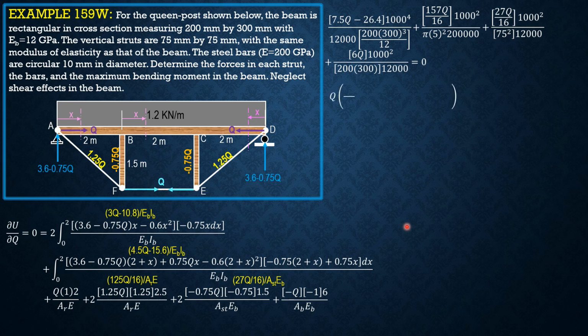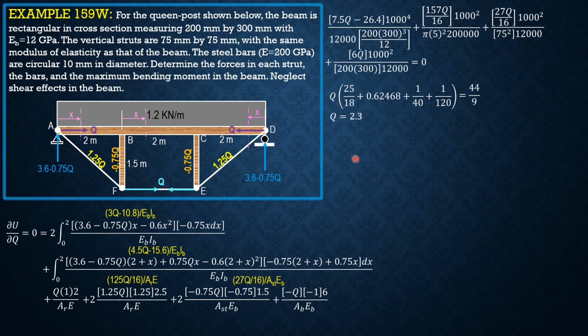So simplifying, combining for this term, the result is 25 over 18, and for this one is 0.62468. Then this one is 1 over 40, and this last is 1 over 120. Then the constant is only 26.4 times 1000 to the fourth times 12 over quantity 12,000 times 200 times 300 cubed, and that is equal to 44 over 9.